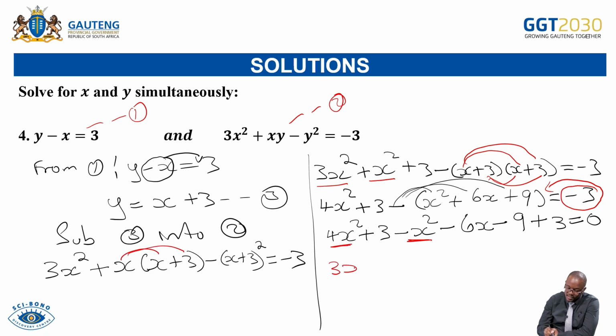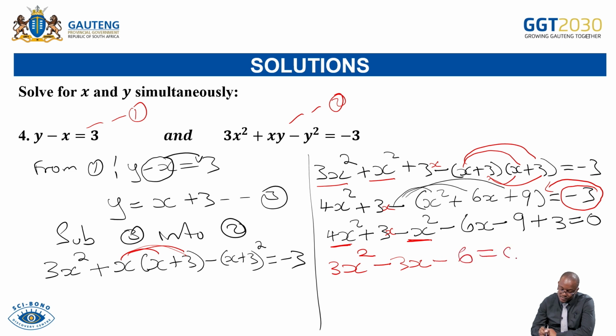We're going to have 3x squared, then 3x minus 6x, which is going to be minus 3x. Then we have minus 9 plus 3, which will give you minus 6, is equal to 0.